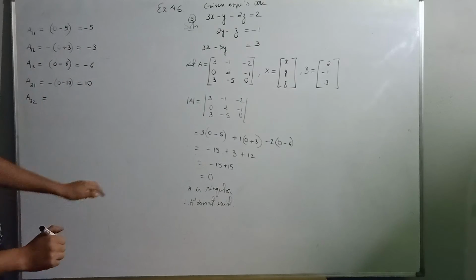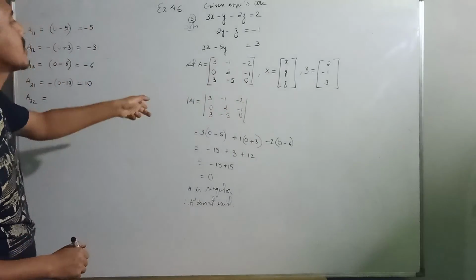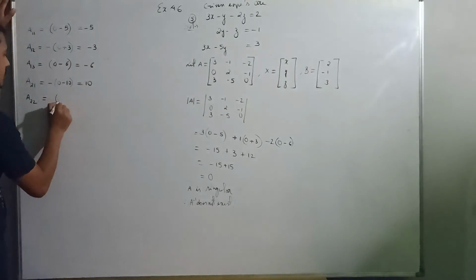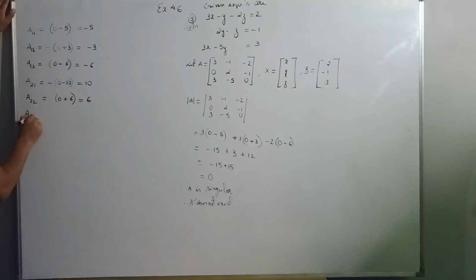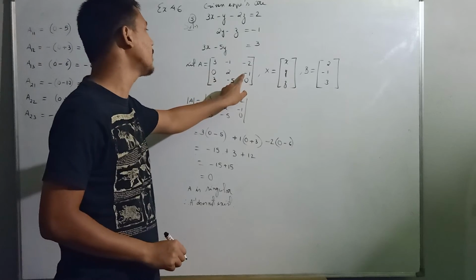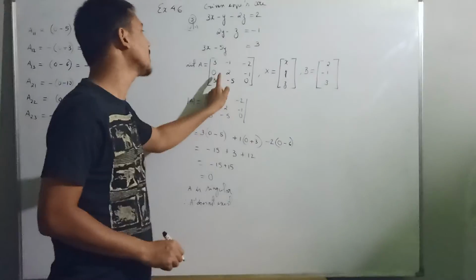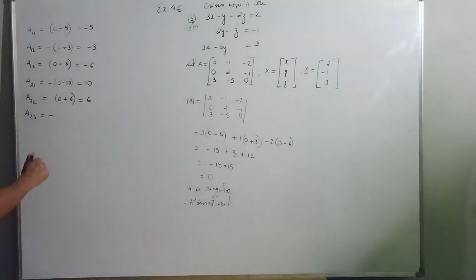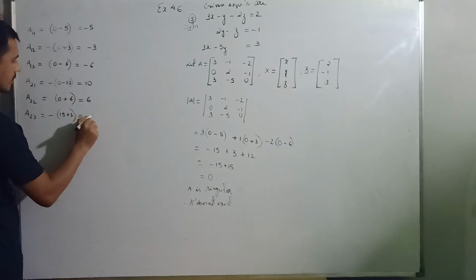And then the minor of this element, 0 minus of minus 6, 0 plus 6. And A23 will be negative. Minor of this element, 15 plus 3, that is minus 18.